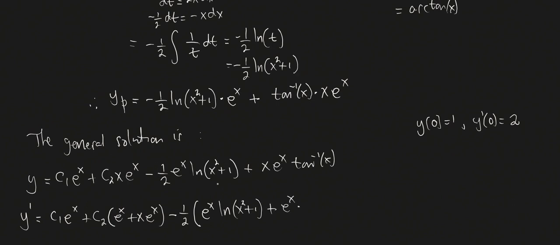Now, to differentiate this, I need the chain rule. So I'll have 1 over x squared plus 1, and then times the derivative of the inner, which is 2x. In fact, let me just put the 2x in the numerator here. That's because of the chain rule, right? So now we have this one.